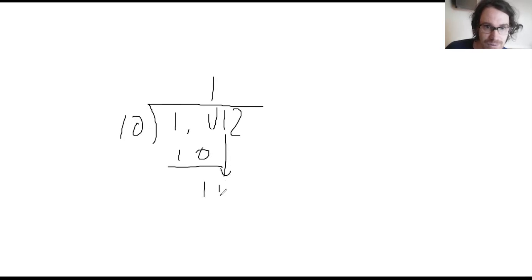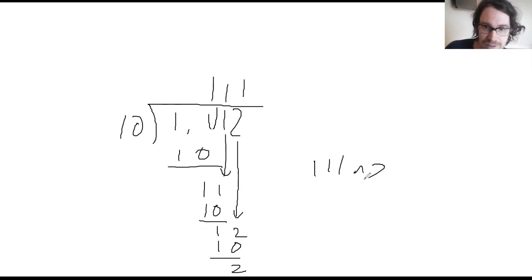Bring down the next digit, 1. 10 goes into 11 once. 1 times 10 is 10. Find the remainder, 1. Bring down the next digit, 2. 10 goes into 12 once. 1 times 10 is 10. Find the remainder, 2. Here is our answer, 111, remainder 2.